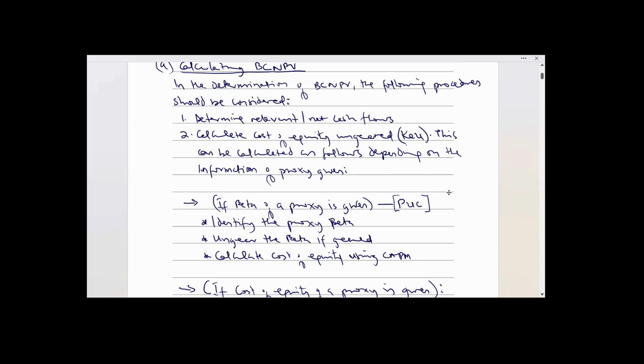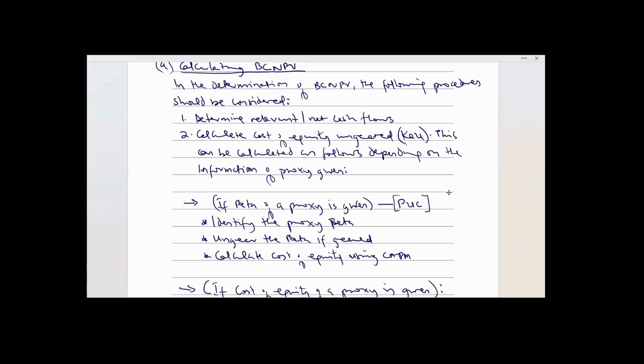One thing that is noteworthy in this base case NPV is that the same way you calculate your normal NPV is the same way you are going to calculate your base case NPV. But the only difference is that instead of discounting your net cash flow using the WACC of the company, you are going to calculate the cost of equity on gear.